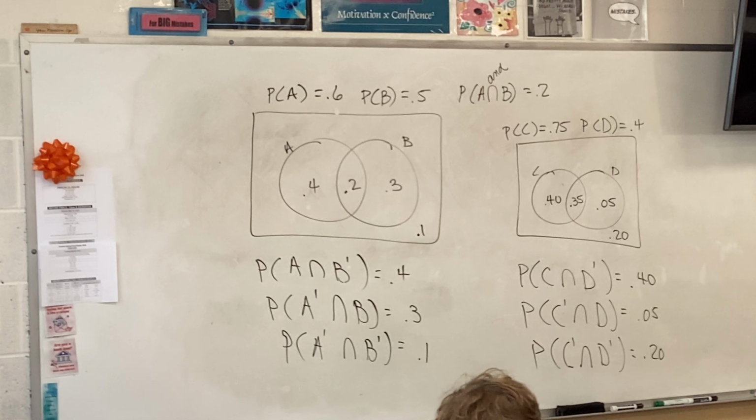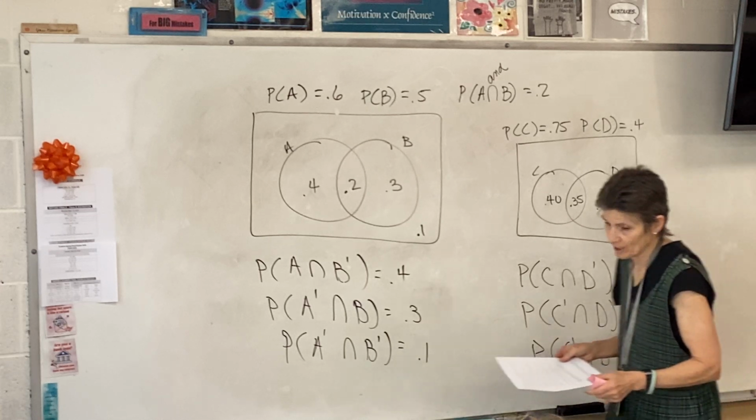Because we have 4 pant options, 6 shirt options. I'm picking a pant and a shirt, so I'm going to multiply them. 4 times 6. No factorials. You're not arranging anything. You're picking.